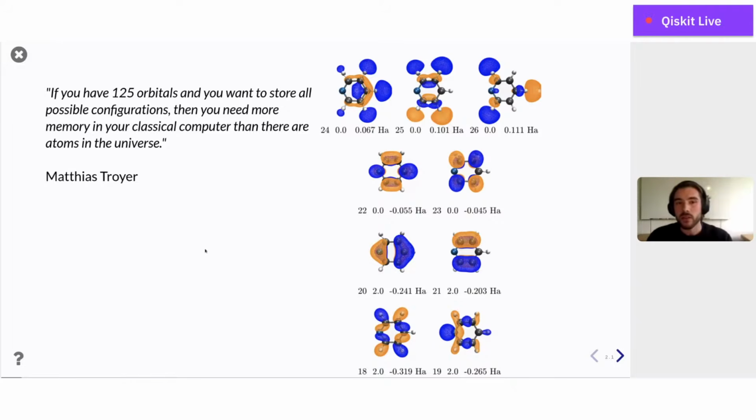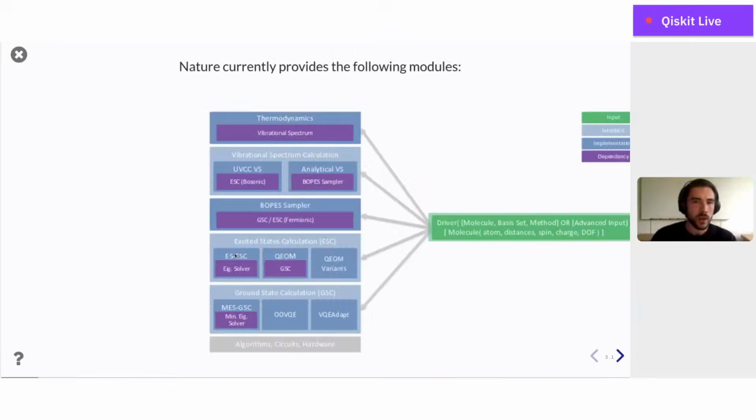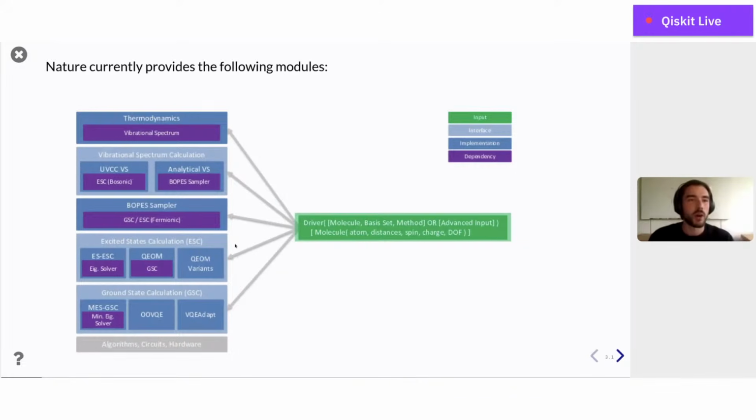With that in mind, I would like to show you what we're doing in Qiskit Nature, what we have available now, and take you on a tour through its entire program stack. To start off with a short overview, I would like to quickly present what we have available right now. On the left-hand side, I'm showing you some of the solvers that we have available. We have ground state calculation solvers and excited state calculation solvers. We have Born-Oppenheimer assemblers, which allow you to investigate the potential energy surface of a molecule.